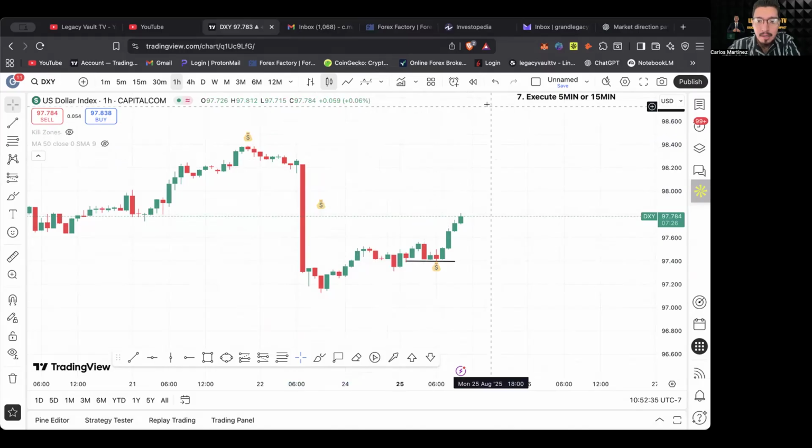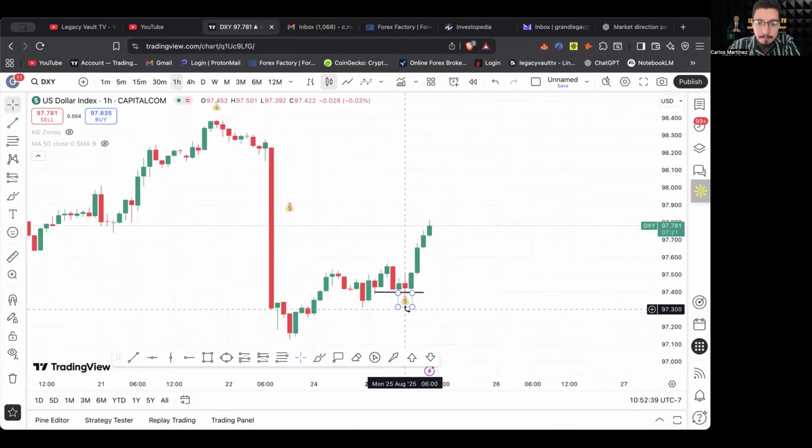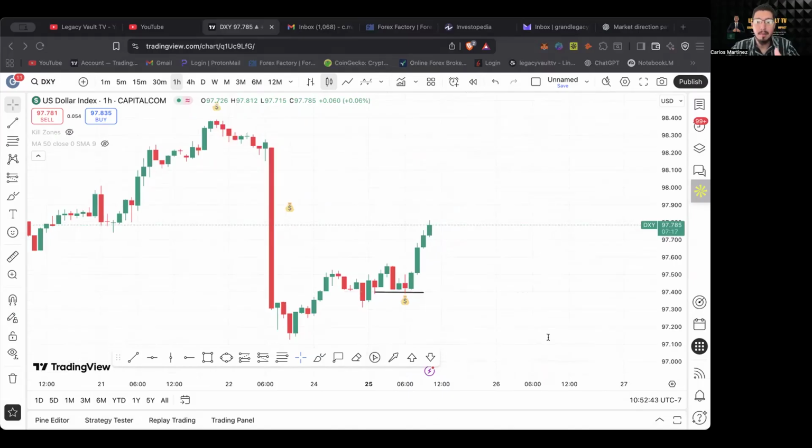That's how you can spot this liquidity: where you see big players are active. These huge bearish candles showed where big players were active, right?